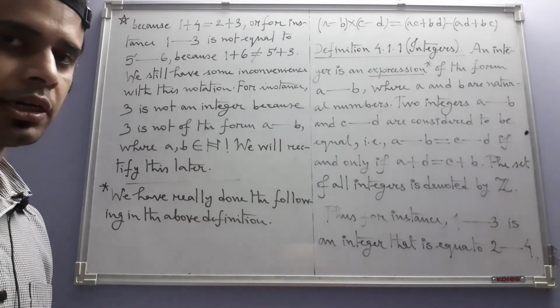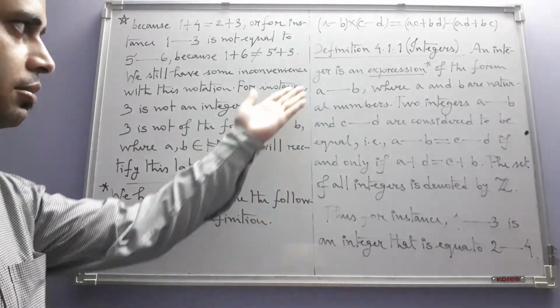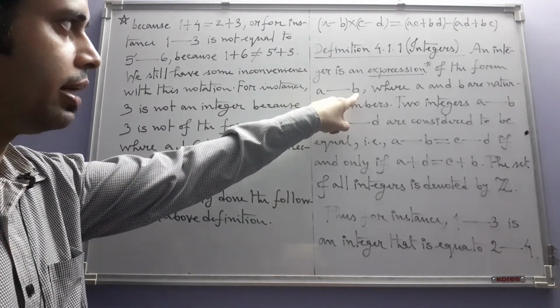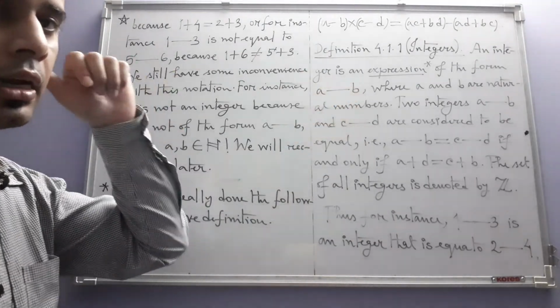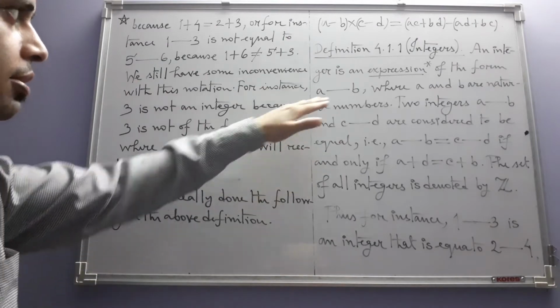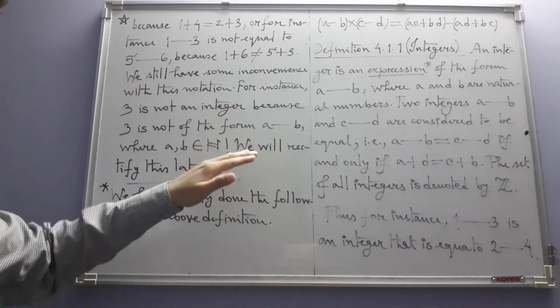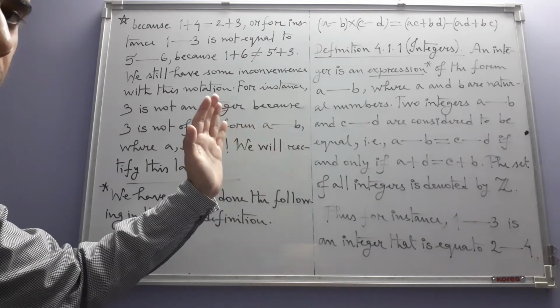Why make matters more complicated when we are getting what we want? I mean, we have got an expression like this and we are calling them integers. Although the expression has some minor inconveniences, we say we will take care of it in future.